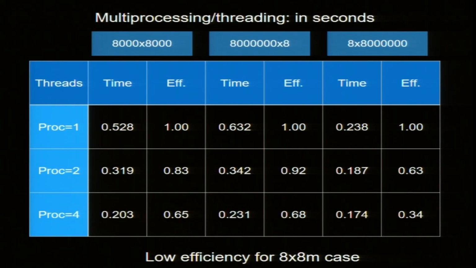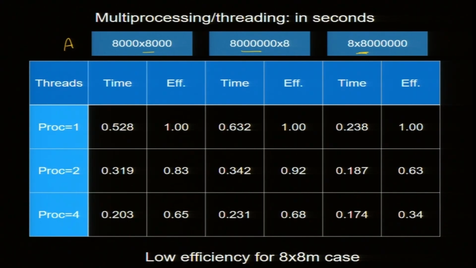I performed this operation for 3 different configurations. Array A is 8000 by 8000, or 8 million by 8, or 8 by 8 million.